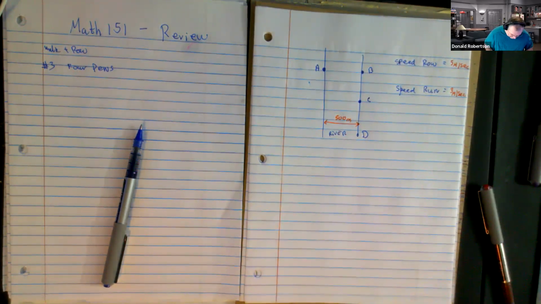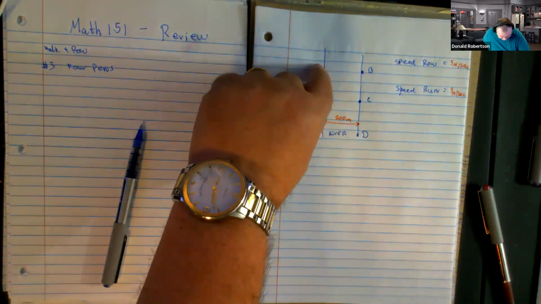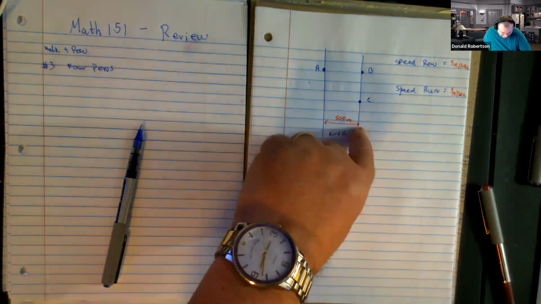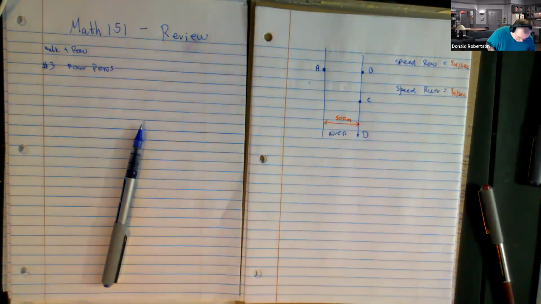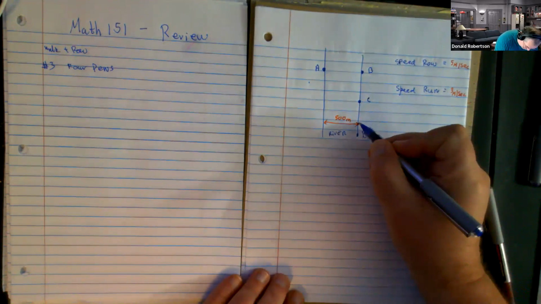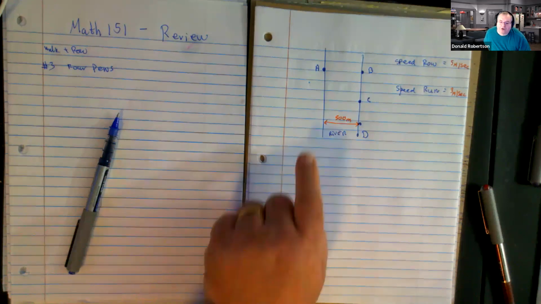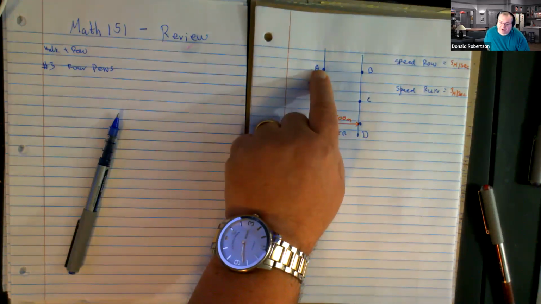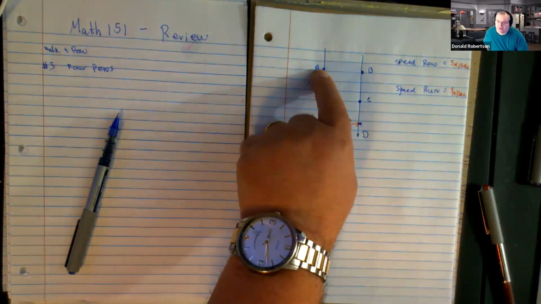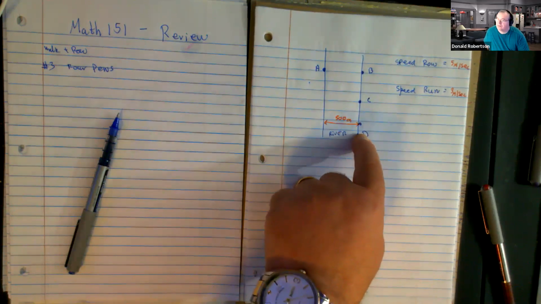So there are some situations where the quickest is just to go from A straight to D. I guess I'll make that D now. A straight to D. In some questions, it's fastest to swim the shortest distance, then run a lot.